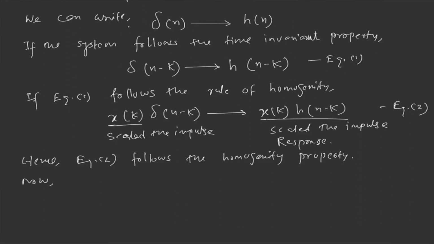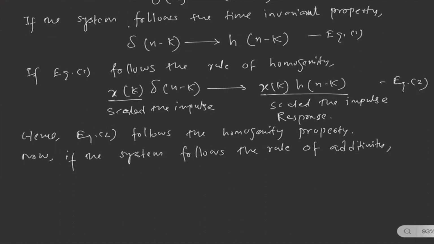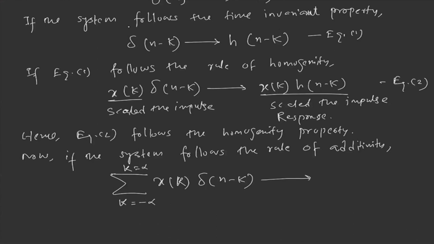Now, if the system is an LTI system, the system follows the rule of additivity, and we can write the sum over k equal to minus infinity to infinity of x k del n minus k, and for the impulse response, the sum over k equal to minus infinity to infinity of x k h n minus k.